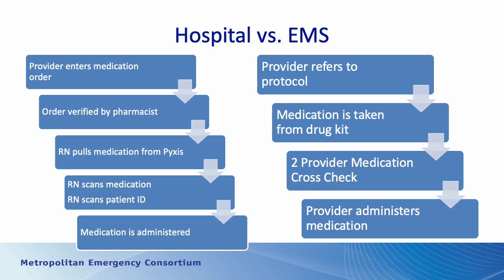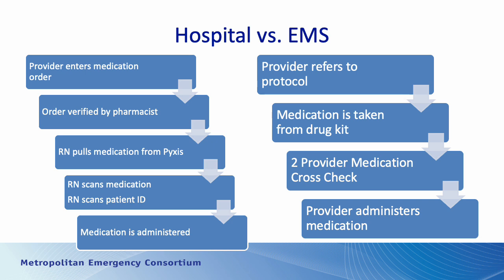If you're at the hospital these days, with the electronic medical records, there is a strong prejudice against verbal orders, and generally verbal orders are only given in life-threatening situations. Generally, the provider, the physician, the nurse practitioner, the PA goes to the computer and puts a medication order in.